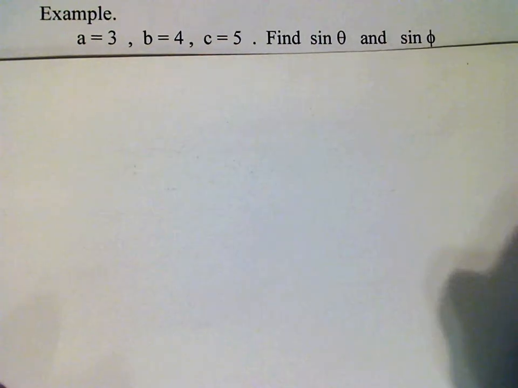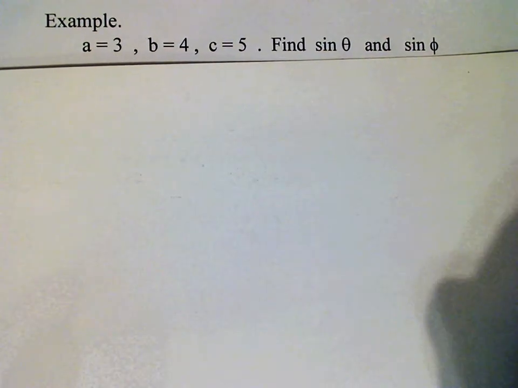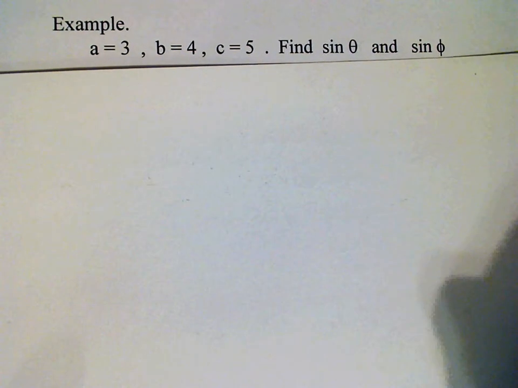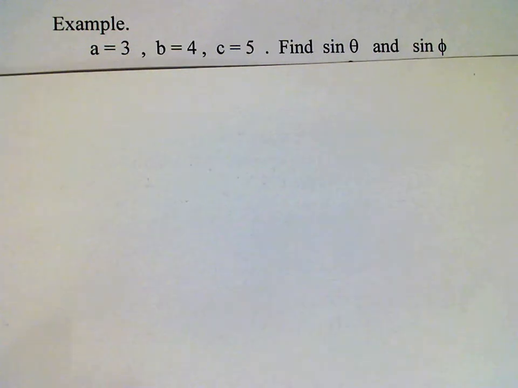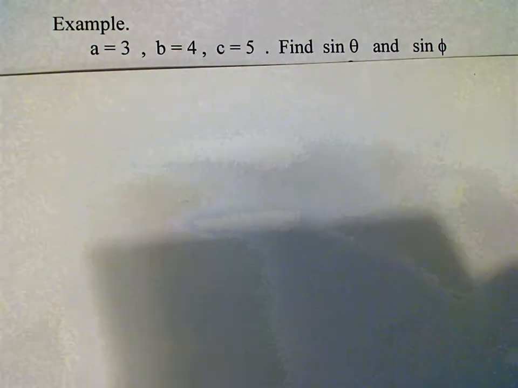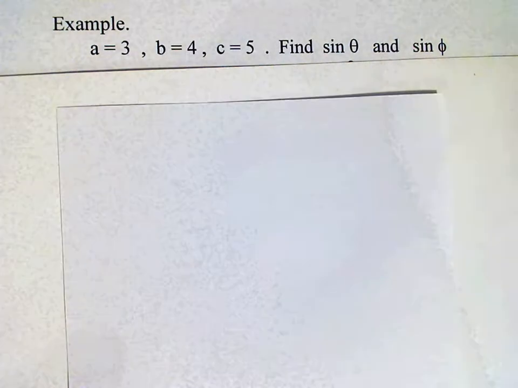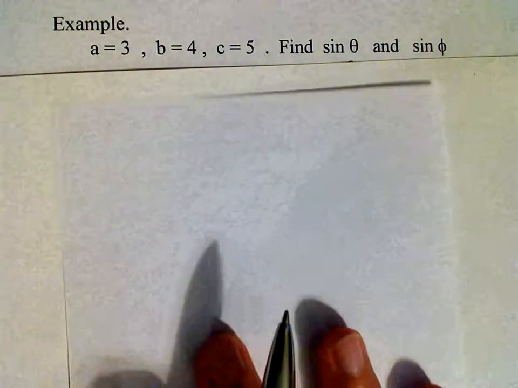So, for example, we saw earlier that a triangle with legs 3 and 4 has hypotenuse 5, and so we know all three sides, and we can compute sine ratios.